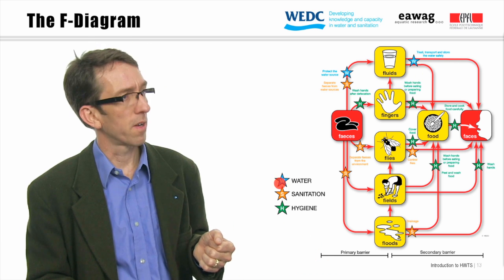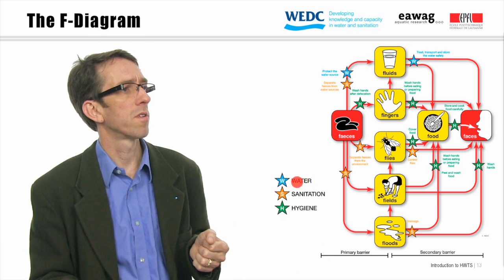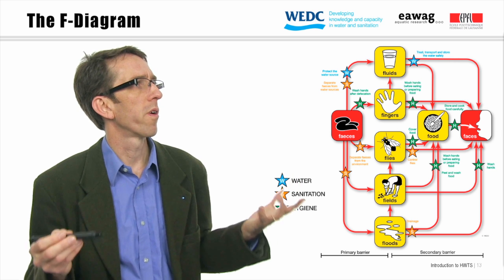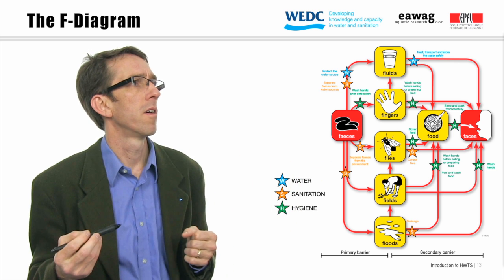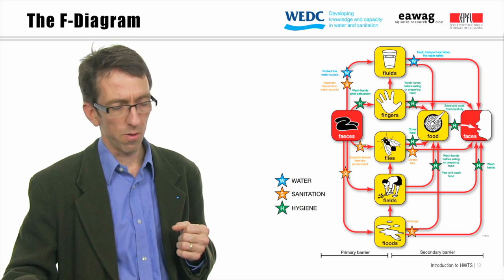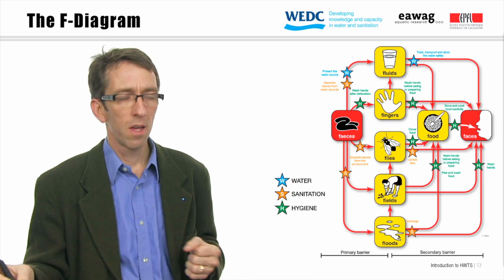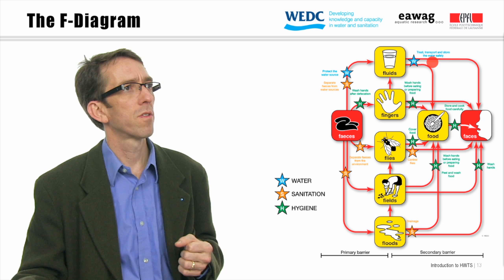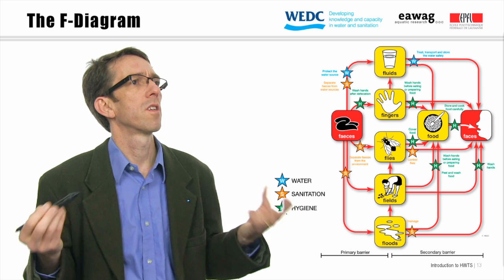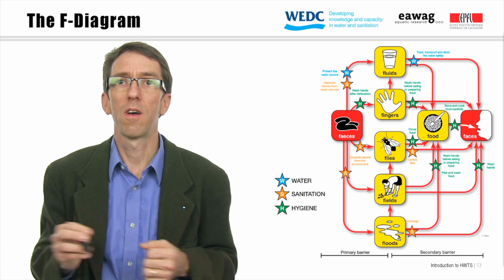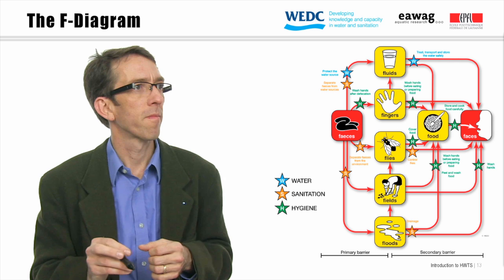And actually, the nice thing about this diagram is you can see with a blue star where the water-related pathways are. So between feces and fluids, you have water source protection. And after the fluids to the host, you have transport, storage, and treatment of water.